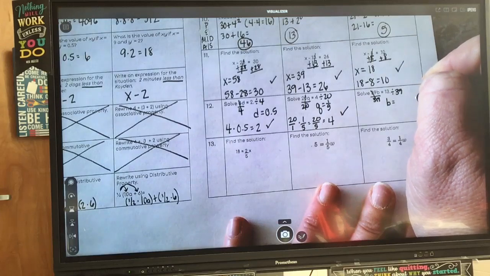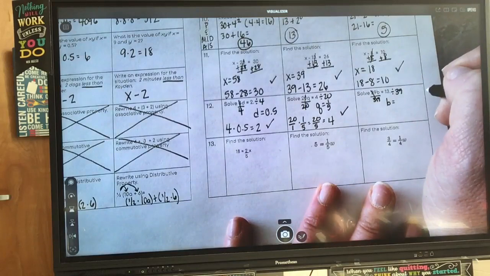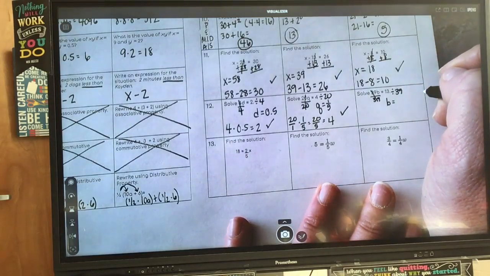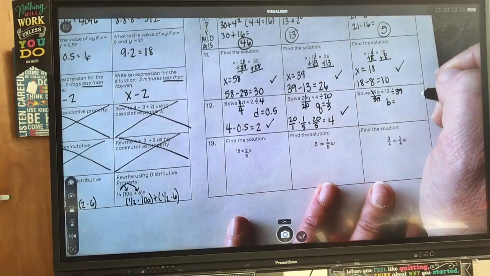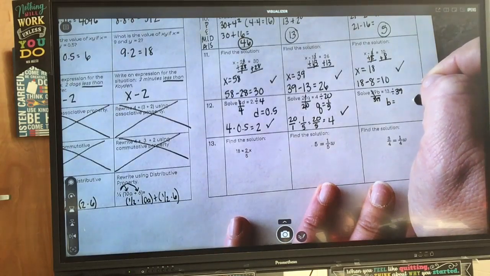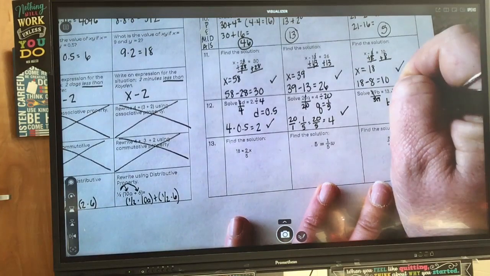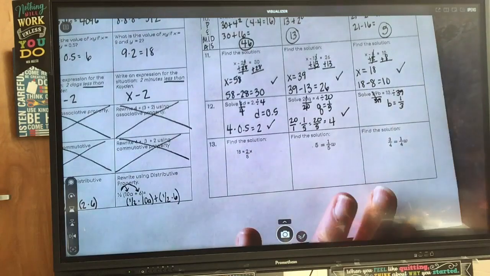Nope. Not 2/10. How about 1/3? Would 1/3 work? Alright, so B, yeah, B is gonna equal 1/3.